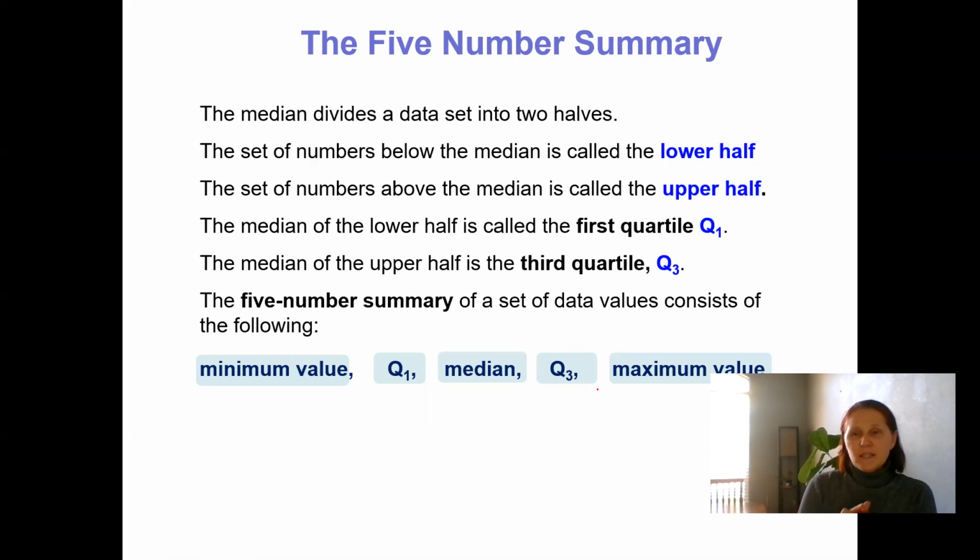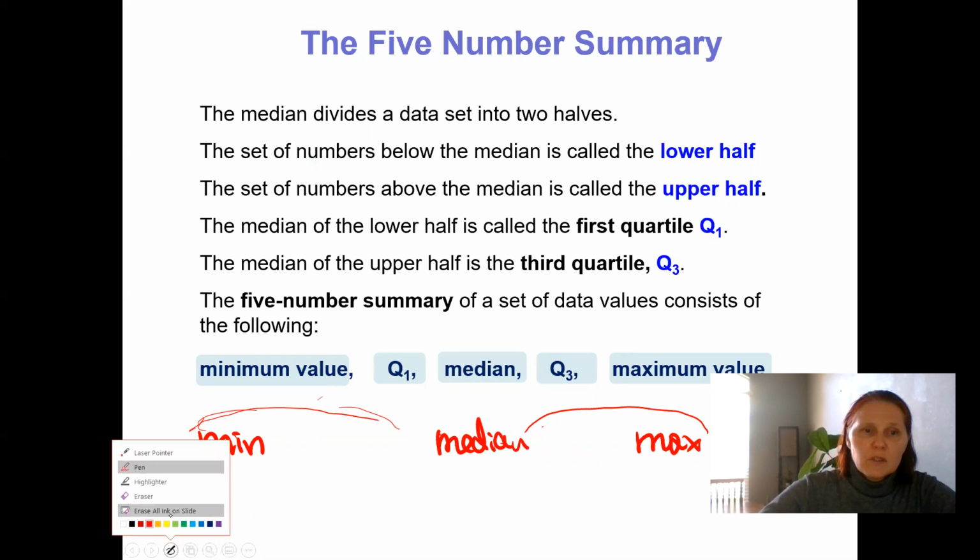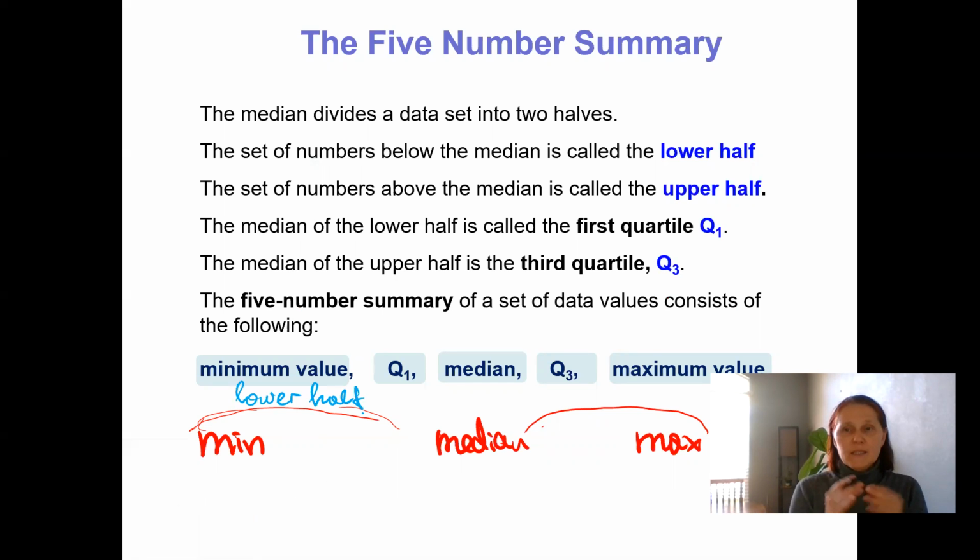In a data set, we can find 5 different values, the so-called 5 number summary. We have the minimum value and the maximum value. We have the median in the middle. And then we can divide the half of the set that is below the median, the so-called lower half. We divide the set in 2 halves.